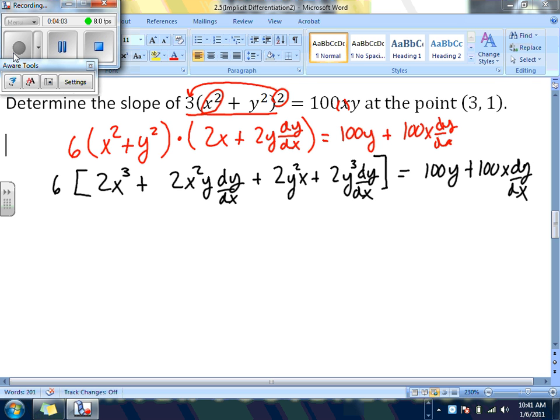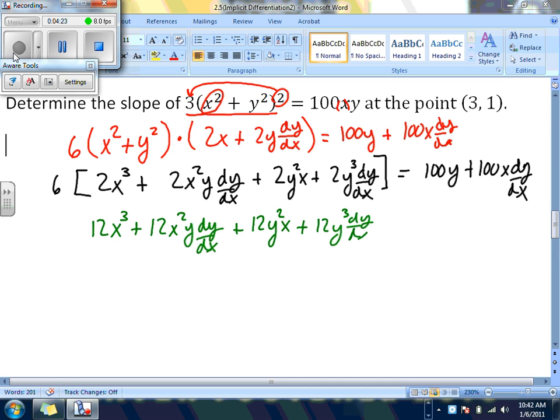After I distribute, I have 12x cubed plus 12x squared y dy/dx plus 12y squared x plus 12y cubed dy/dx still equals 100y plus 100x dy/dx.